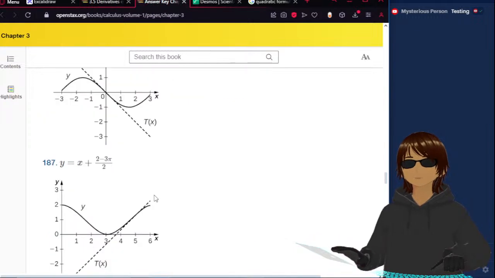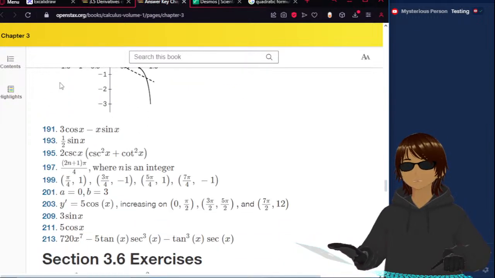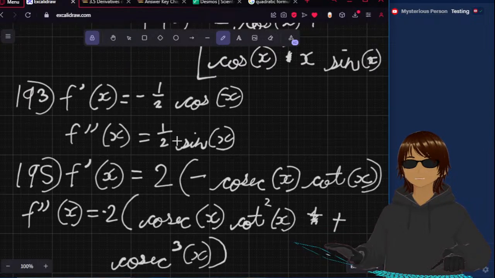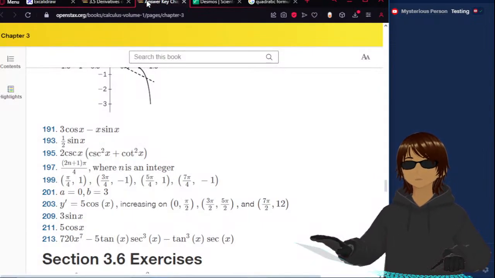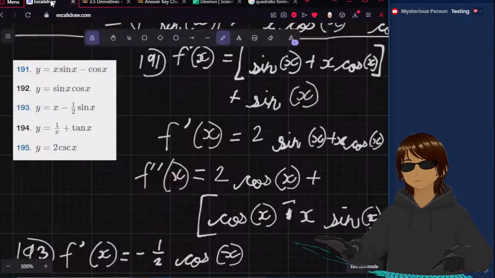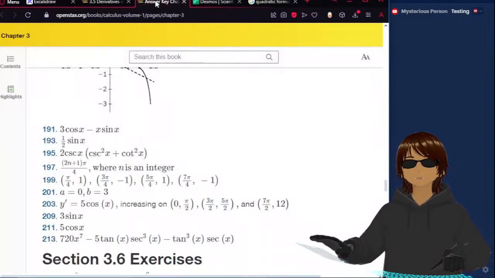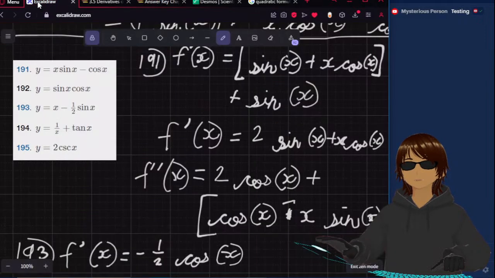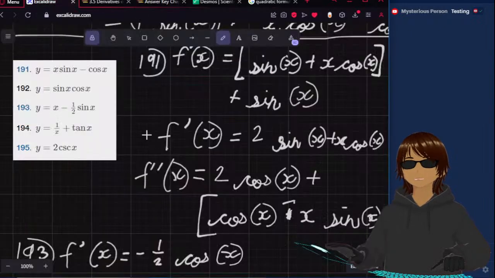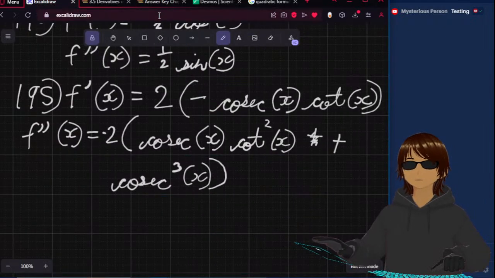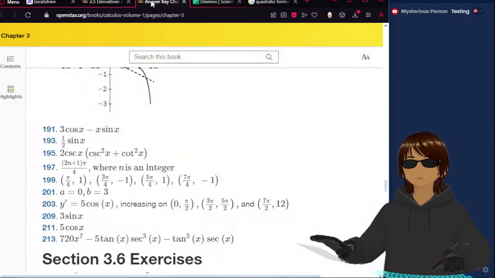Let's see the answer. 3, yeah, 3 cos x minus x sin x. And 193 half sin x. 195, minus 2.